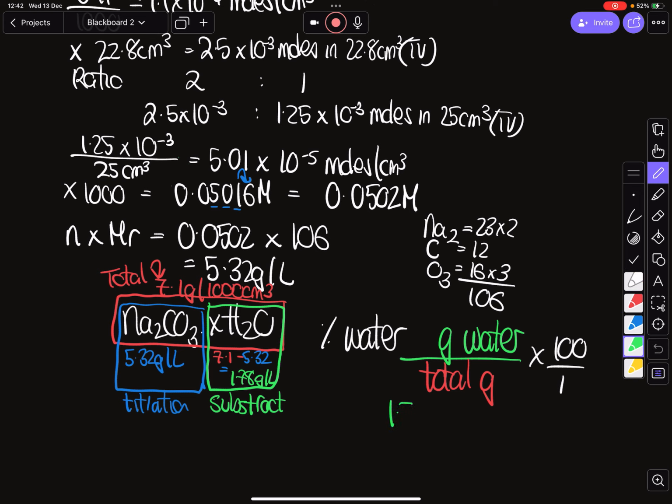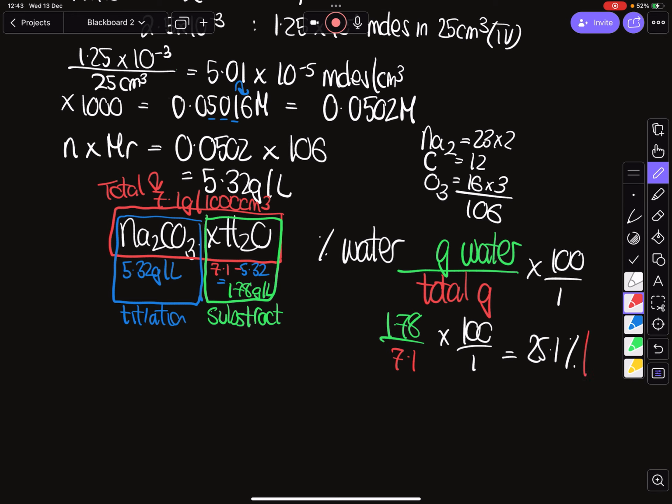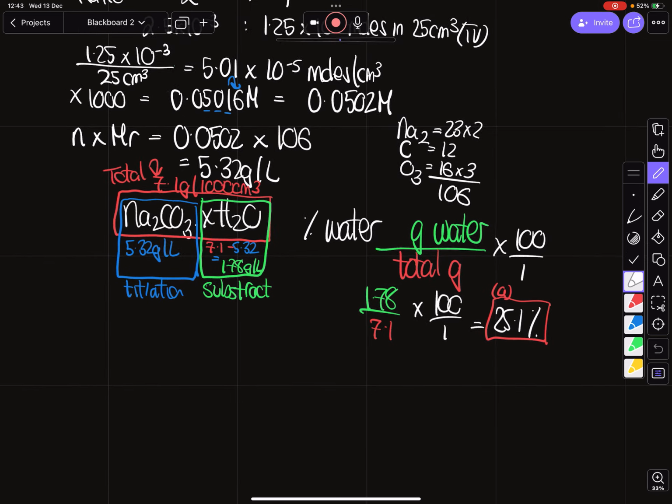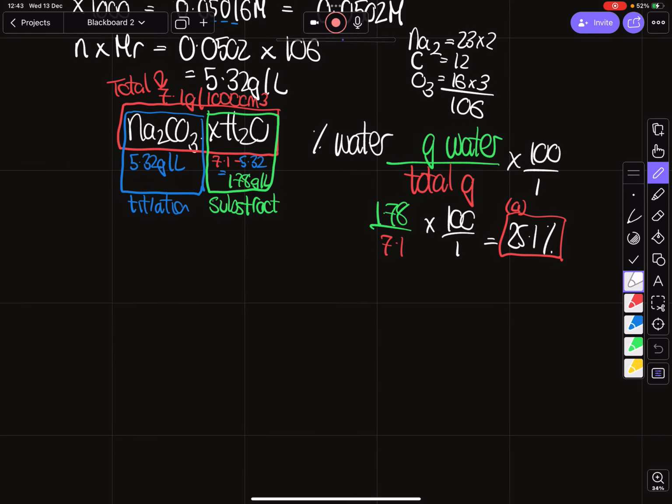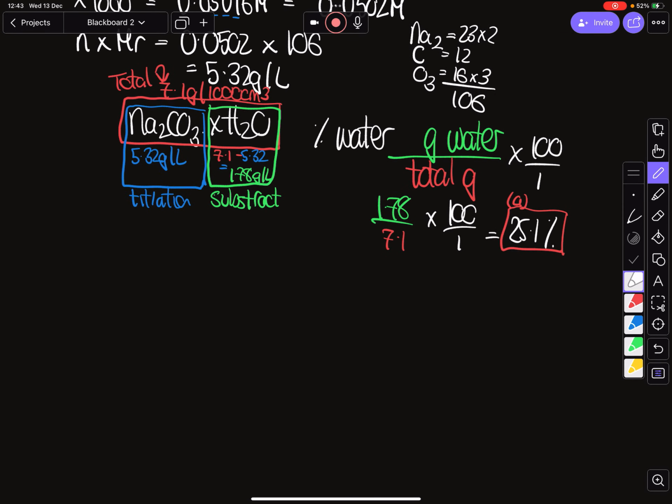So when I do that, I end up with 1.78 over 7.1 multiplied by 100 over 1, and that is going to give me 25.1%. Okay, so that's my percent water, so that will be part A in that question. If you can't annotate, then don't annotate, but as long as everything is laid out linearly and your examiner can figure out what's going on, then that will be fine.